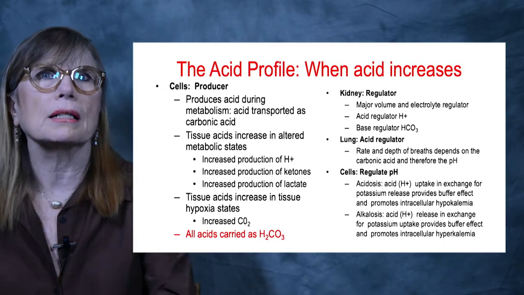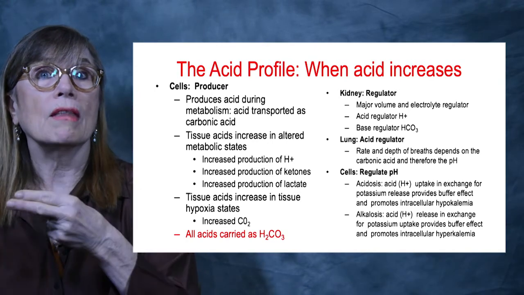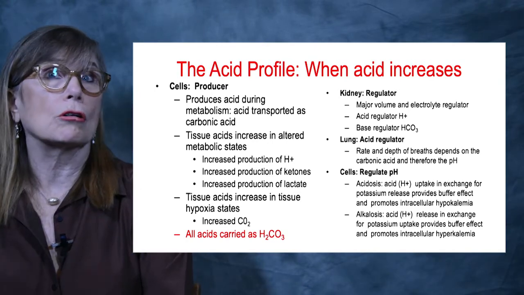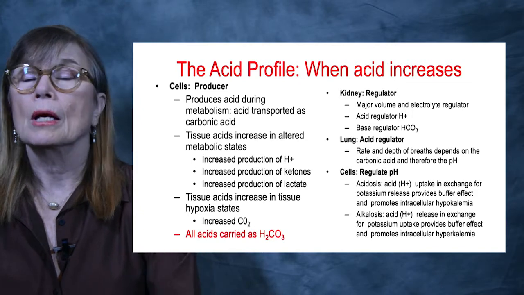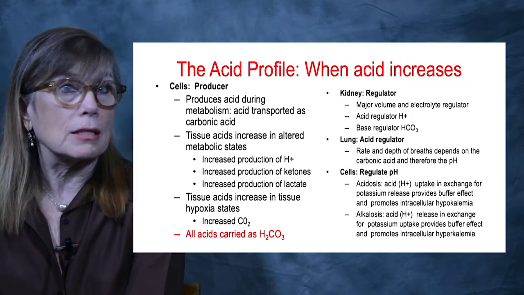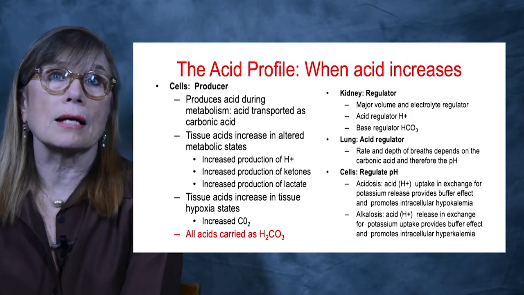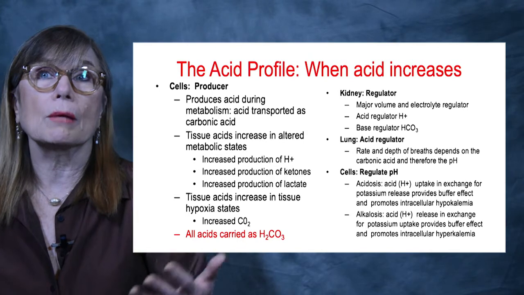How fabulous is that? The kidney and the lung work together, and they are intimately related in terms of acid-base regulation. But the one other place that we often don't think about when we talk about acid-base balance is that the cells also regulate acidosis. They regulate the pH.